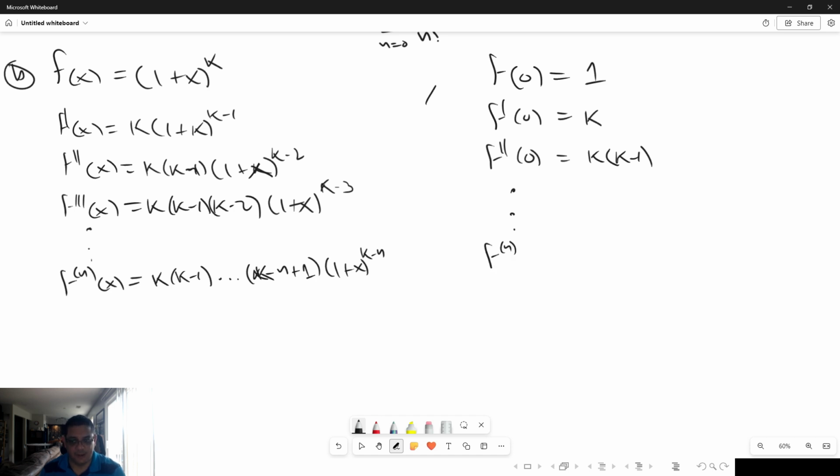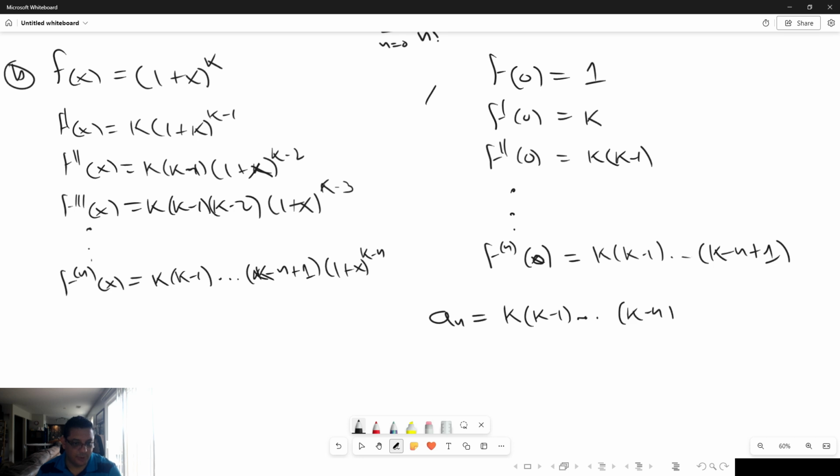So f^(n) at 0, sorry, is going to be k times k minus 1 times up to k minus n plus 1. And so you can see that this is the way that the coefficients are going to be working. And so this is the nth coefficient really. So when I get the a_n term, this is k times k minus 1 times up to k minus n plus 1.